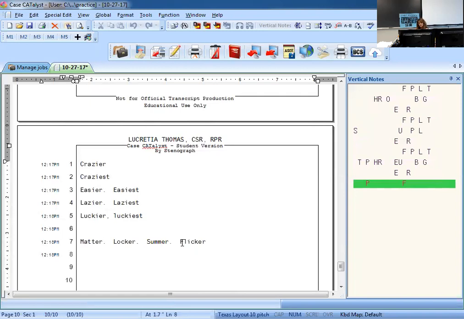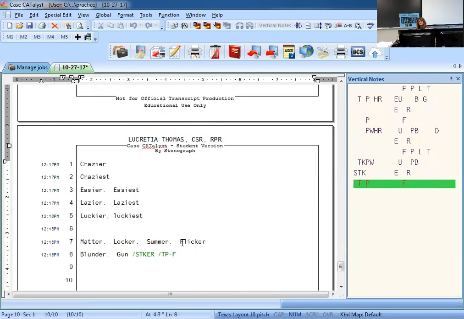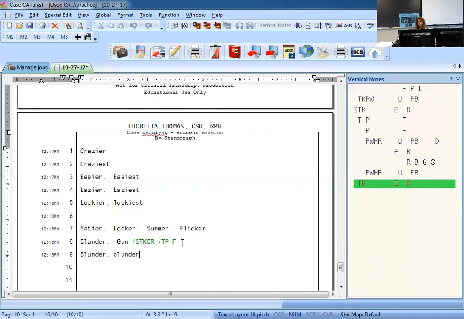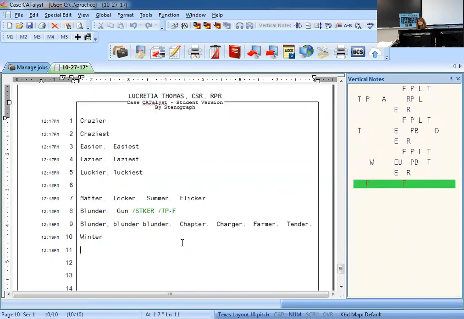You can write blunder or blunder, whichever you like. I like writing it just ending in ER. Chapper, charger, farmer, tender, wender, okay?